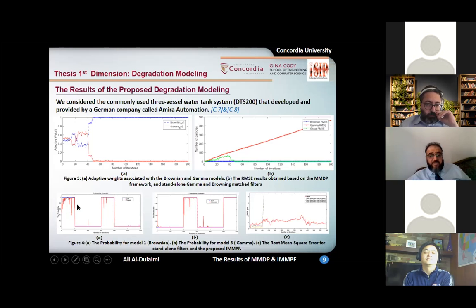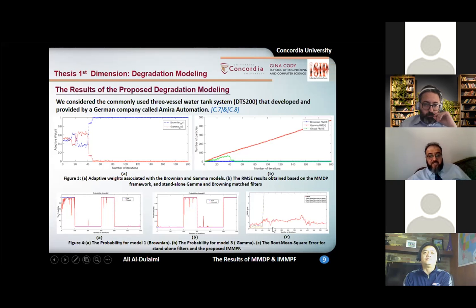In the first figure, the active one, or the true path here, is the Brownian one, so the probability here is 1, while the others are 0. And here, when the gamma is the true one, the probability is 1, while the others are 0.